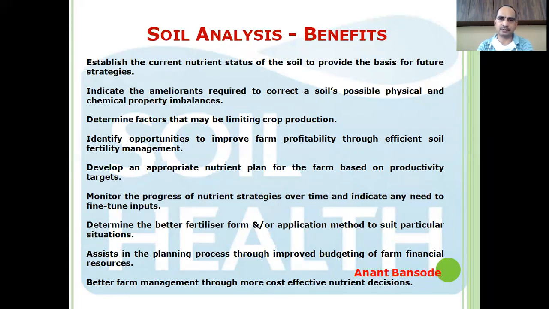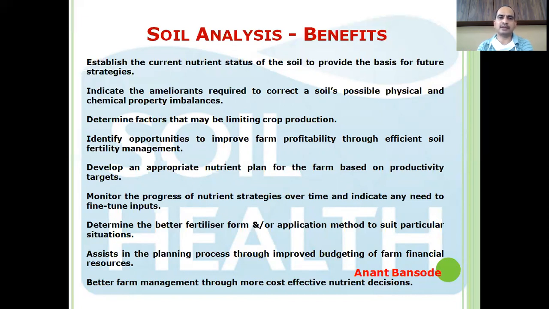The first benefit of soil analysis is it shows the current nutrient status of the soil, and it can be taken as the basis of the future strategy, or how to plan the fertilization of that particular crop.